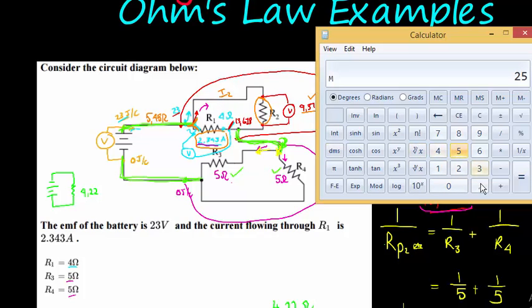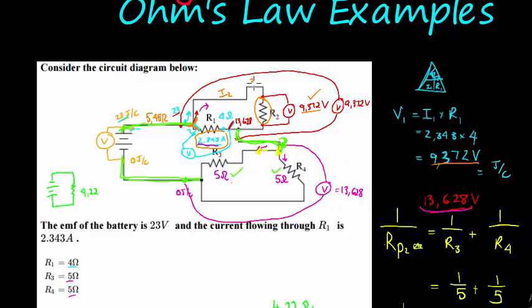So of 5.4512, subtract from that this branch 2.343, and I get an answer of 3.1082. That is the number of coulombs that come into this branch every second.